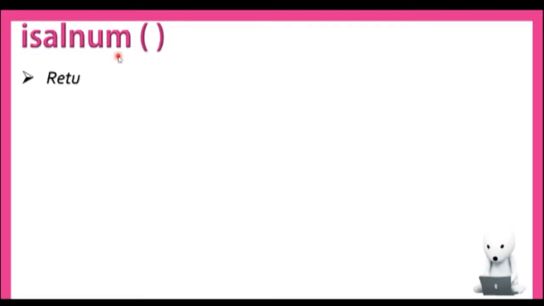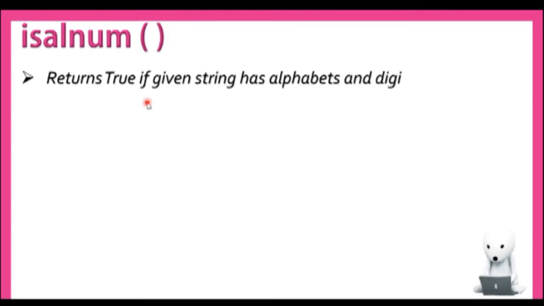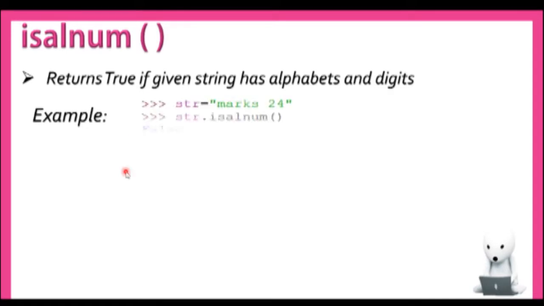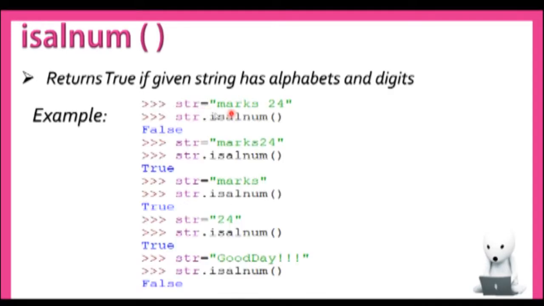isAlnum. isAlnum function returns true if given string has either alphabets or digits or both. Example, str marks space 24 will return false because it is having one space.